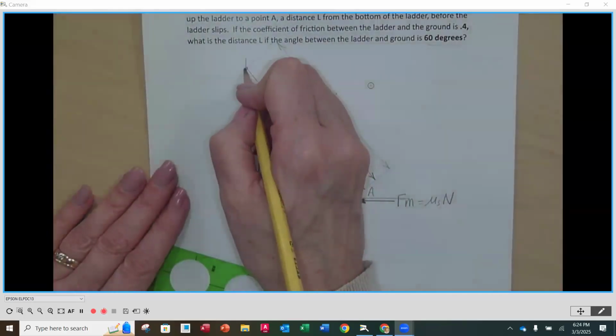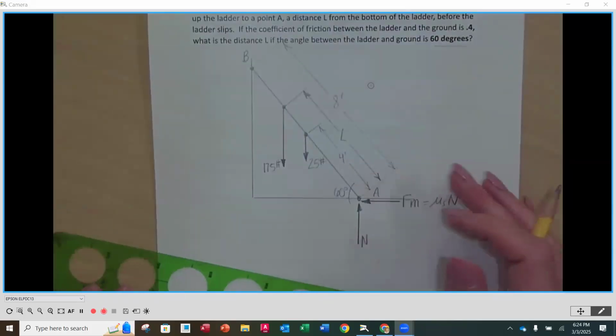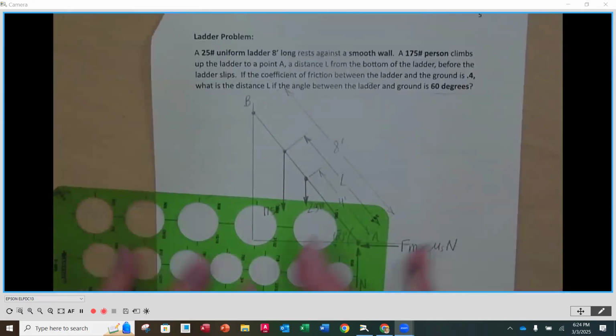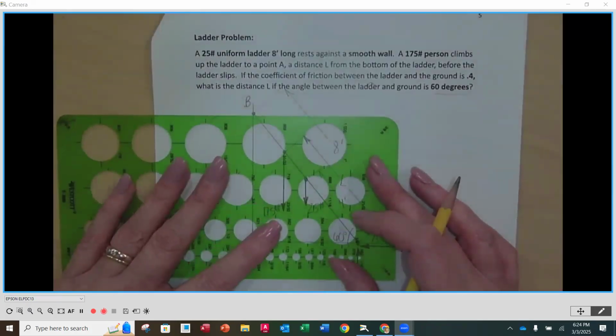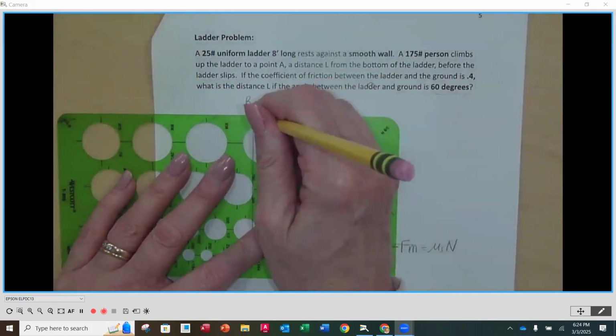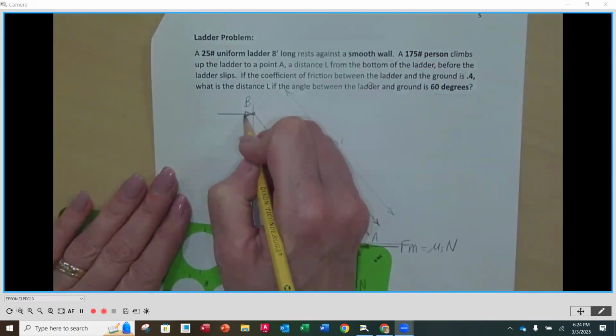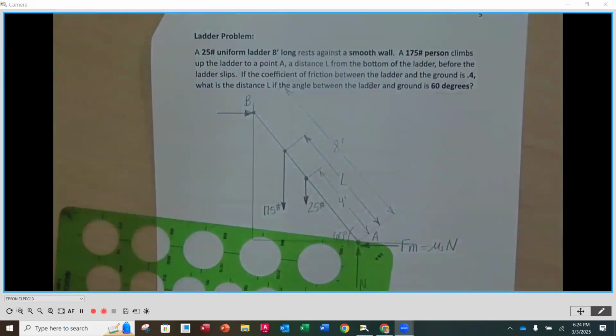The other place that there is support is up here. We're going to call this point B. This is considered a smooth wall. It didn't give us any information, so it doesn't say that there is a coefficient of friction up here. So we're assuming it's just a smooth wall that it's up against. So there's not going to be any friction force here. There will just be a force.